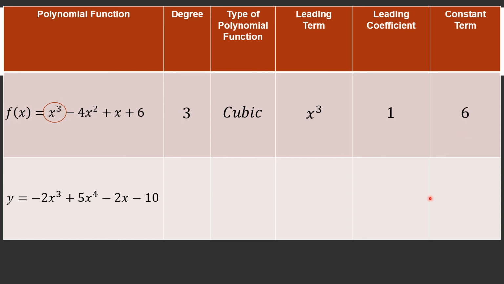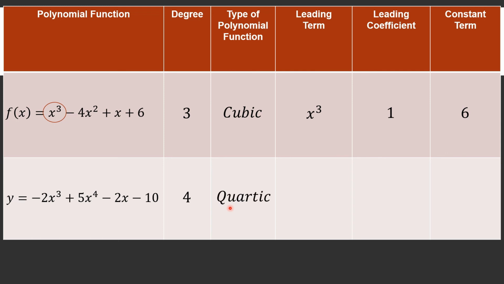Next, we have y is equal to negative 2x cubed plus 5x to the fourth minus 2x minus 10. What is the highest exponent of x here? We have positive 4. So the degree would be 4. Next, the type of polynomial function. Since the degree is 4, it is quartic.